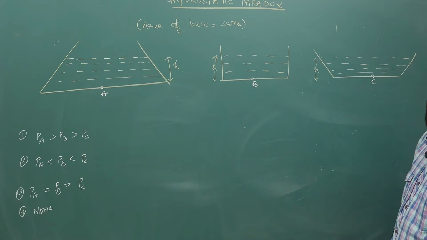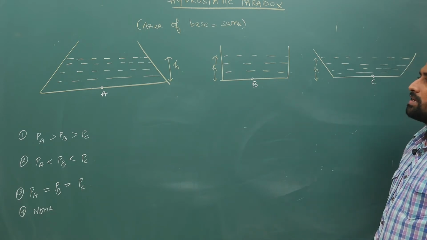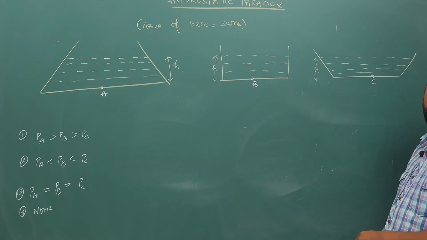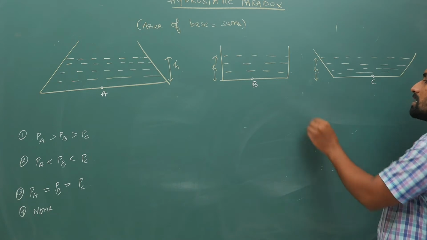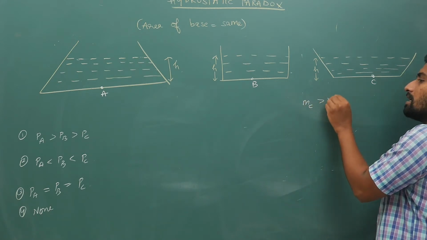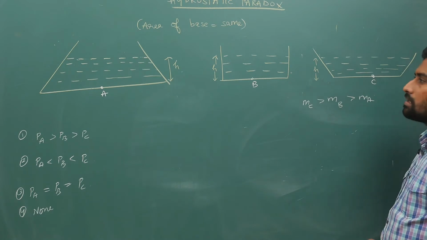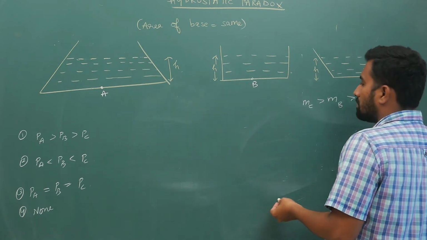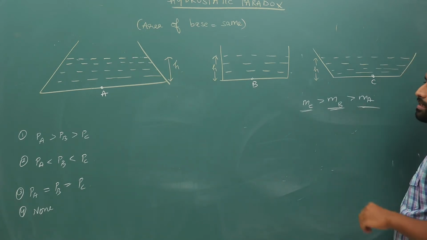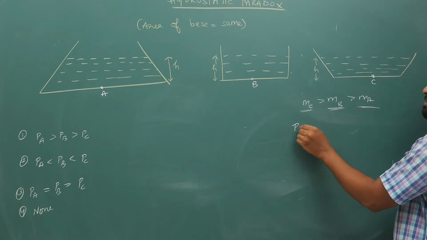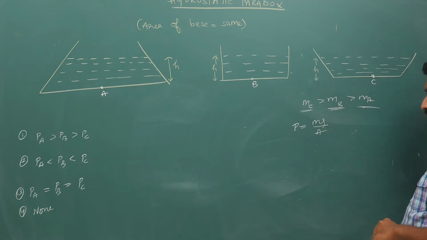Now, if you look at the logical aspect, the mass of liquid is more in C, middle in B, so mC is greater than mB greater than mA. This is because the density of the liquid is the same, but the volume is more in C compared to B compared to A. That doesn't mean you can write pressure equals mg by A at the bottom.